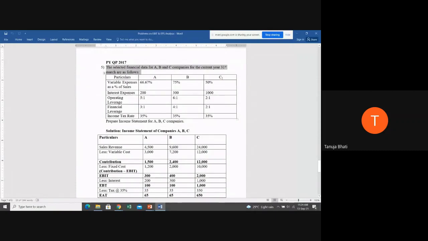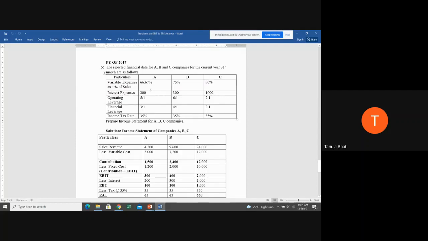Variable expenses as a percentage of sales are 66.67, 75 and 50%. Suppose if sale is 100%, so variable expenses will be 66.67% of rupees 100. So variable cost ratio as a percentage of sales is this.